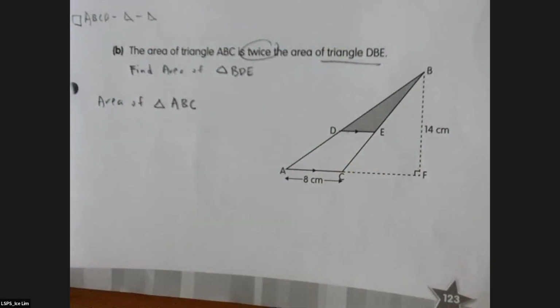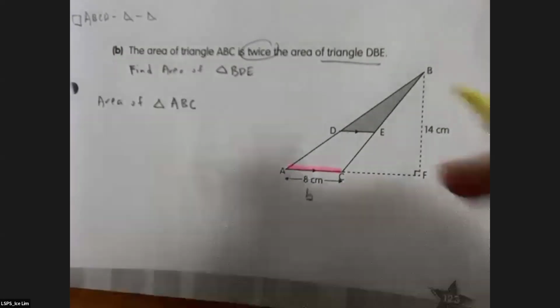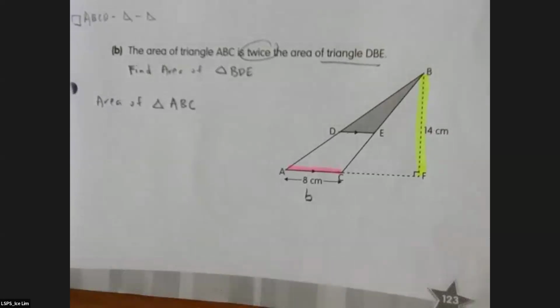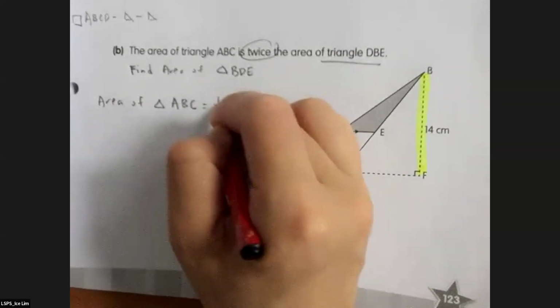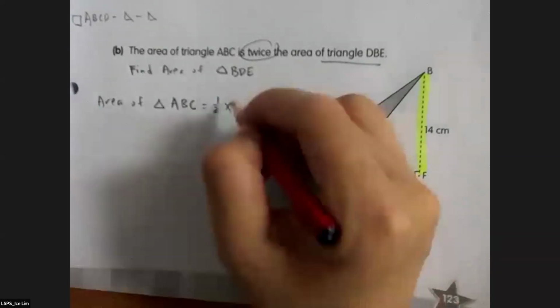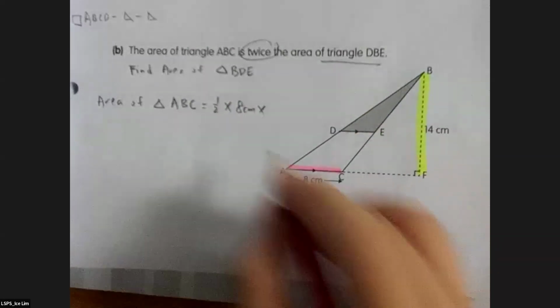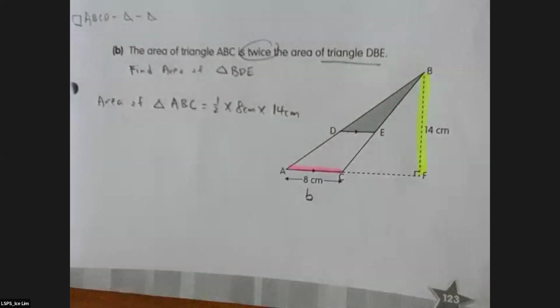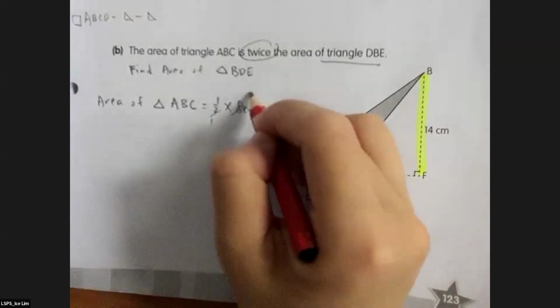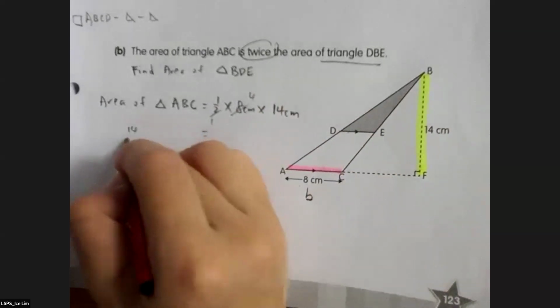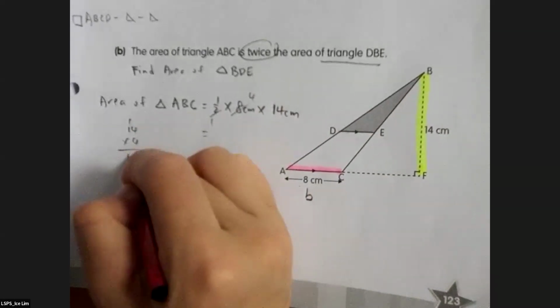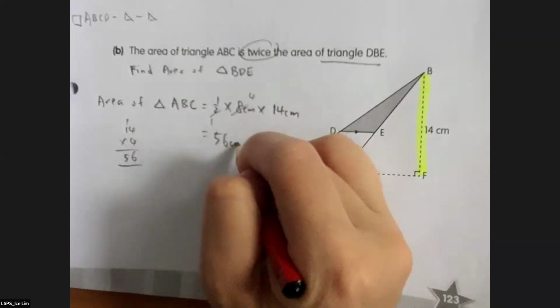ABC. This is the base. So the height will be, yeah, the 14 here. So area of ABC will be half times 8 centimeters times 14 centimeters, which I can simplify: 14 times 4, 56.